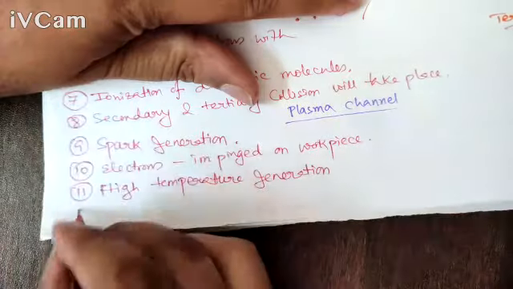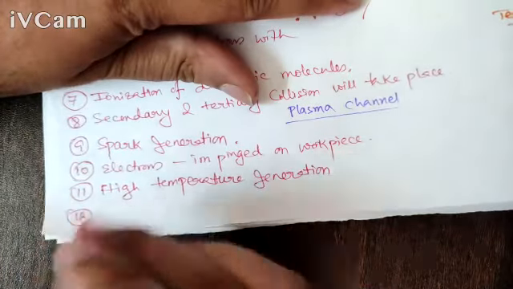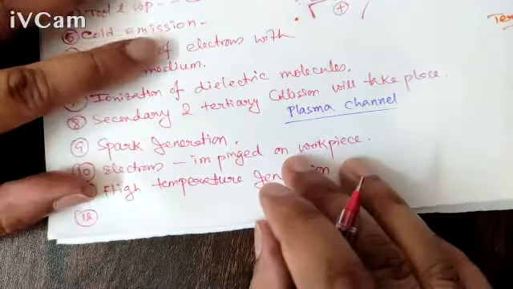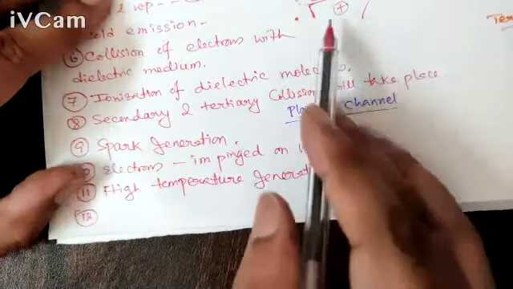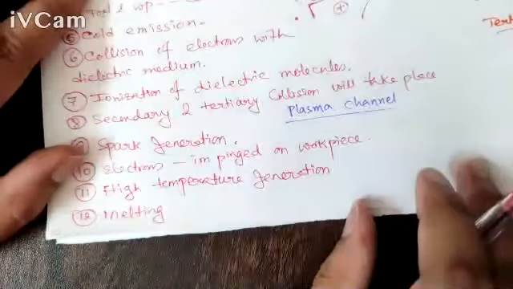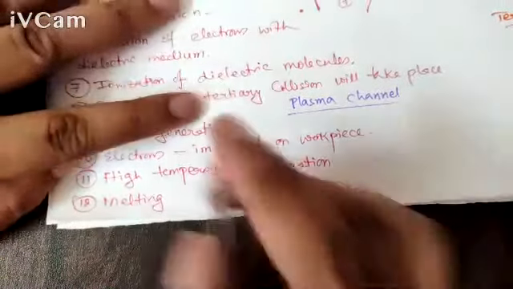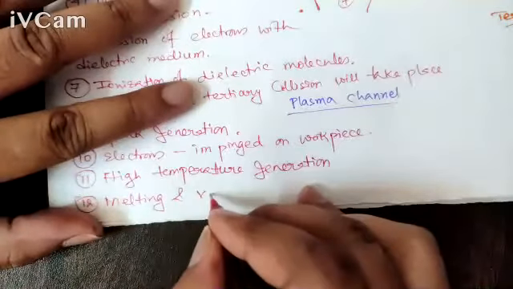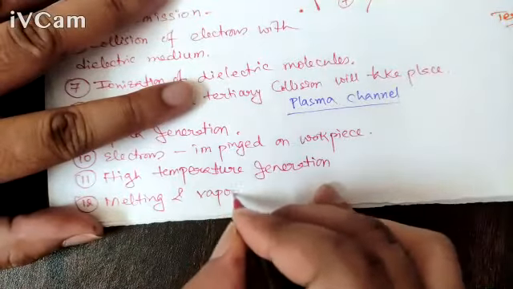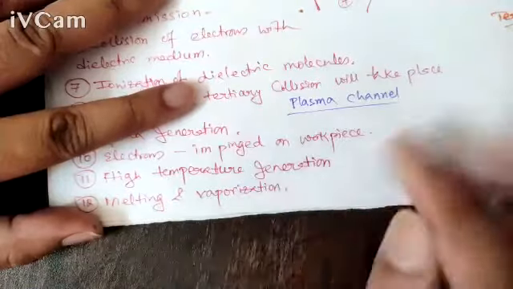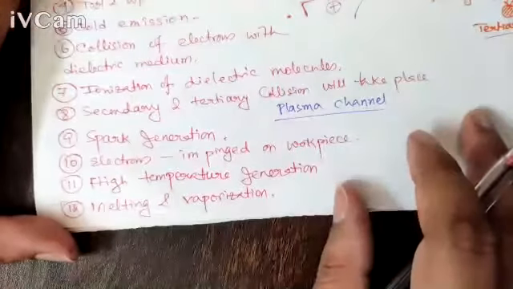Okay, now high temperature is generated, then the 12th one is what? Because of the high temperature, melting of workpiece material and vaporization. Melting and vaporization.